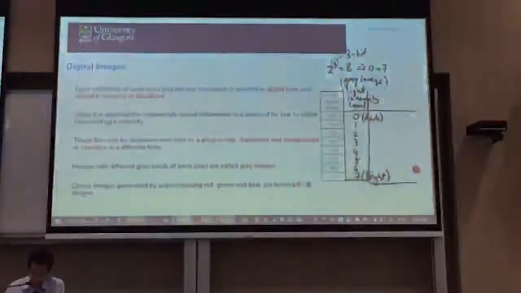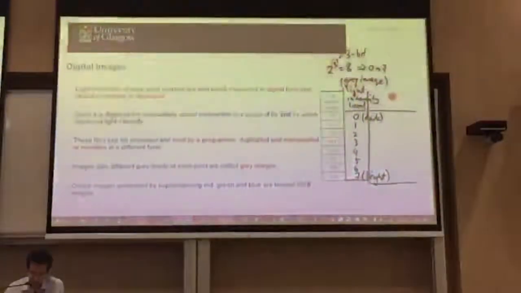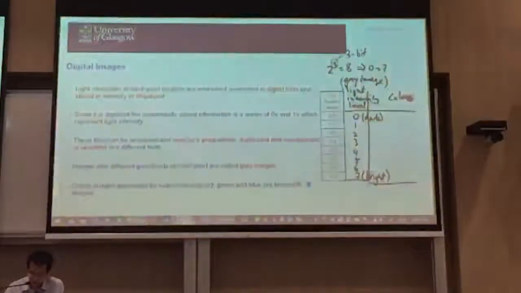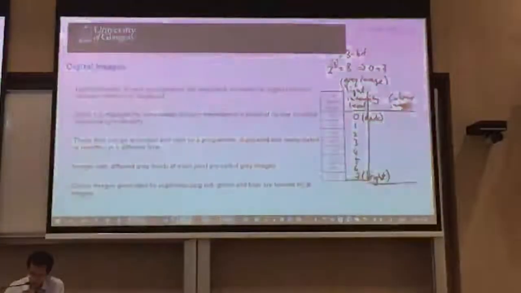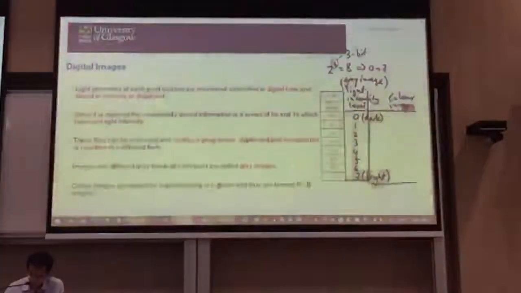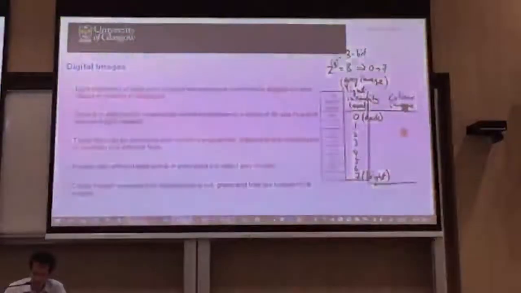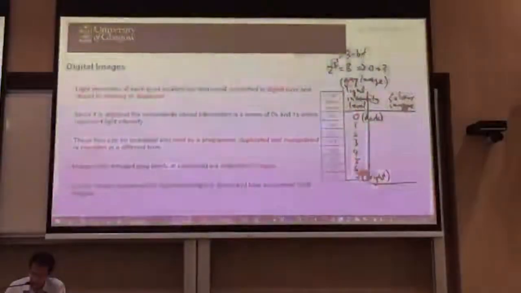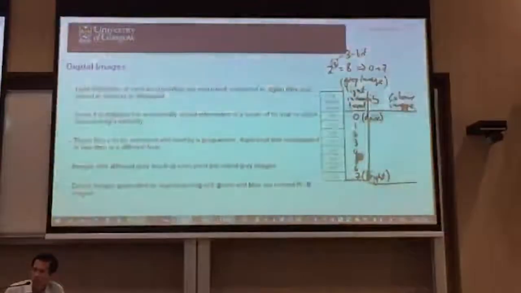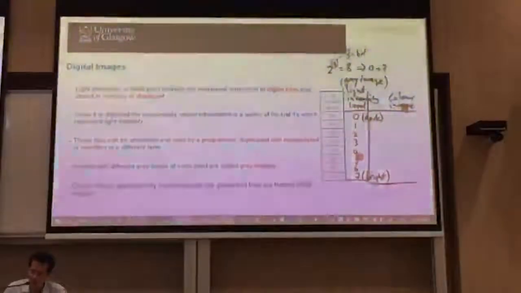So that is for grayscale, but how about when we come to color image? Because when it comes to color image, it's no longer about light intensity, because light intensity relates to the grayscale side.